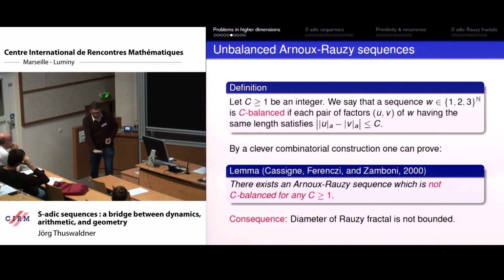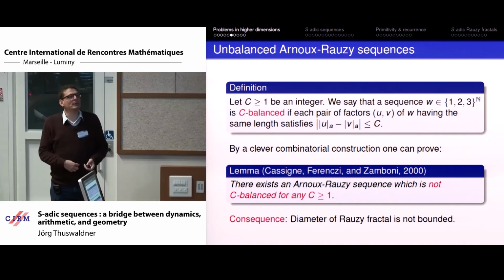If you project down, there is no hope to get a compact set. This doesn't say that our words are not conjugate to rotations for now, but at least it says that we cannot get our conjugacy in the way we would like to, in the way we are used to in the Sturmian case. So another step is needed to really exclude that this can possibly be the case.